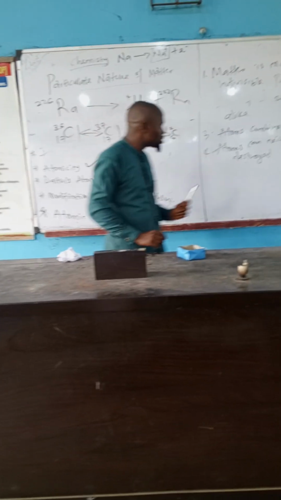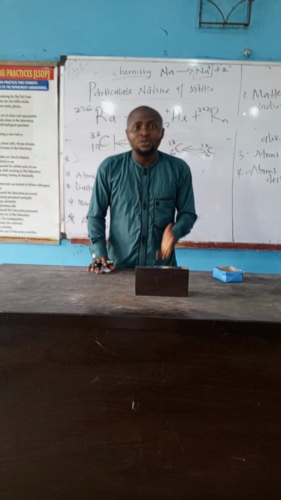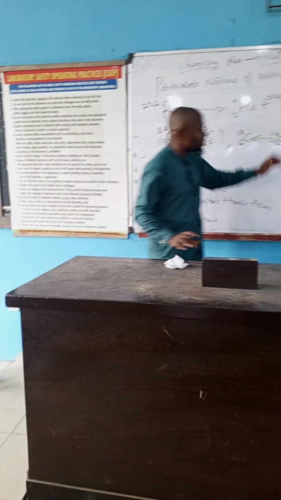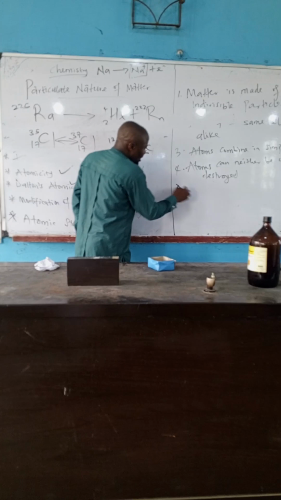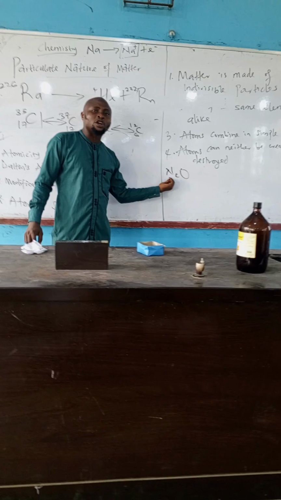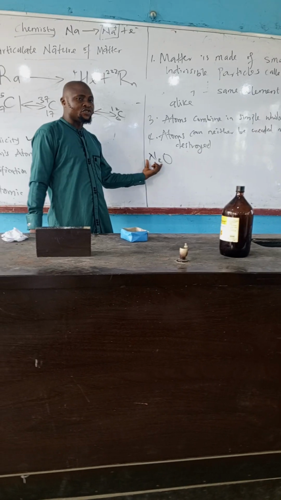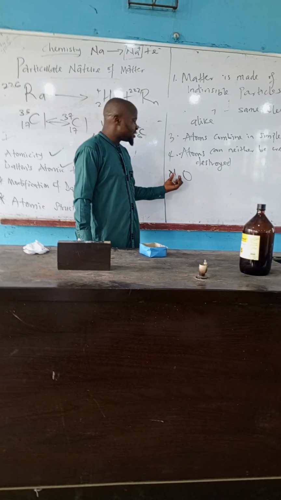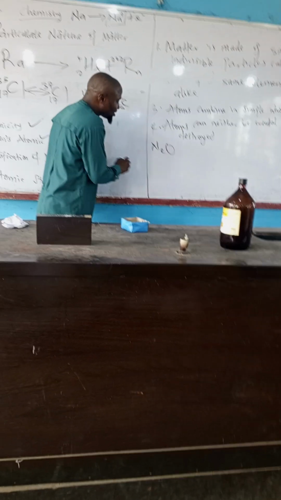The third modification: atoms combine in simple whole number ratios. It is not always like that. What that simply means is that, for instance, N2O, which is 2 atoms of nitrogen and 1 atom of oxygen, is dinitrogen monoxide.